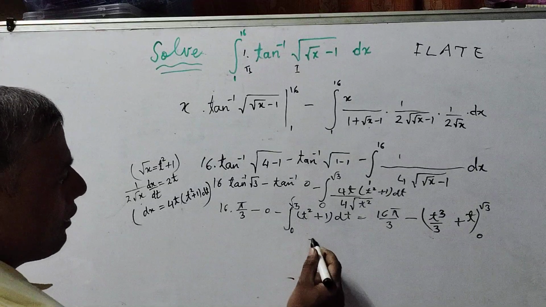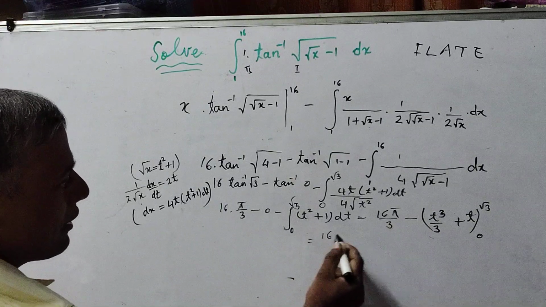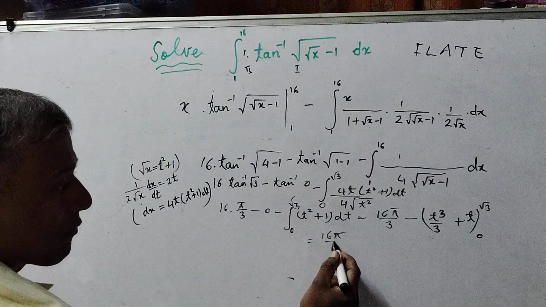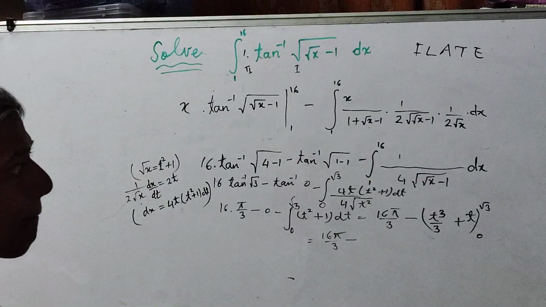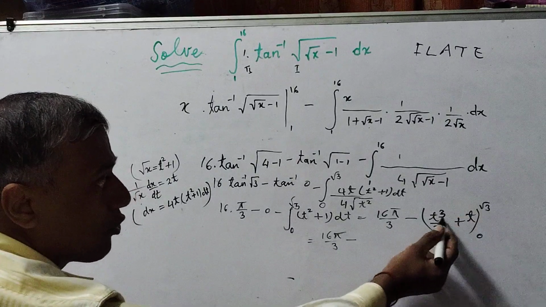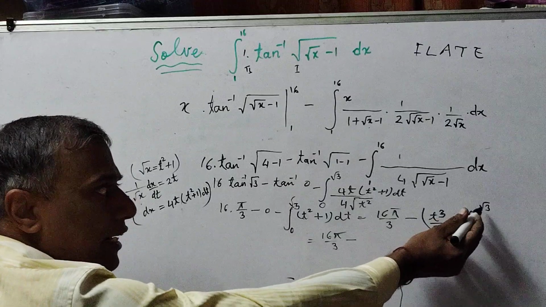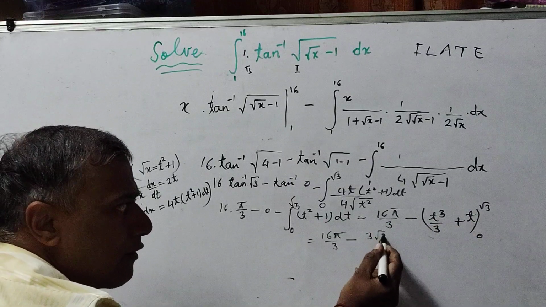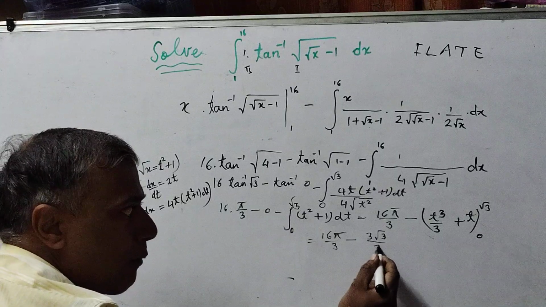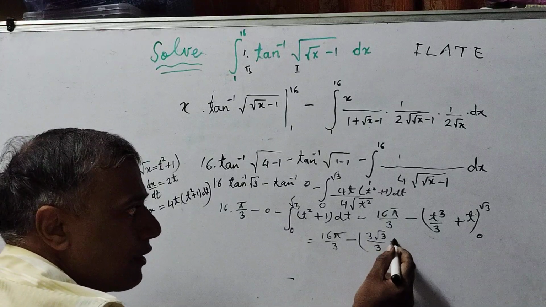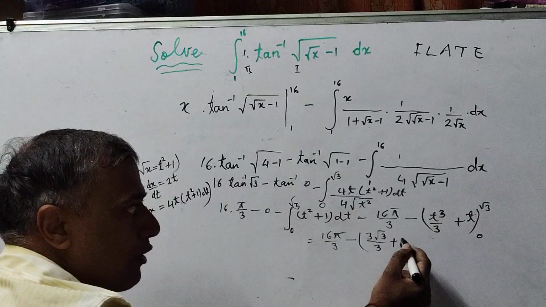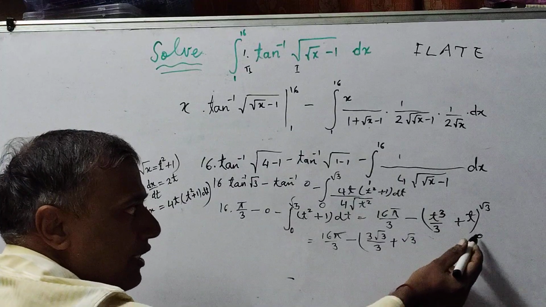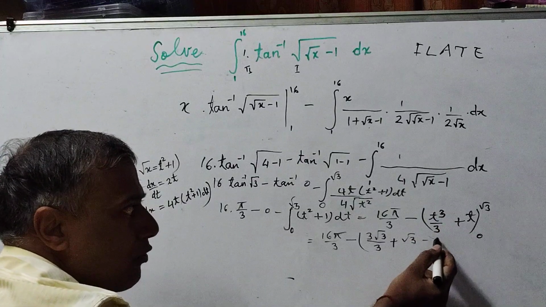Further plugging in the value, 16 pi by 3 is written as it is, minus, t cube with t as square root 3 becomes 3 square root 3 upon 3, plus again square root 3, minus, when we plug in 0 we get 0.